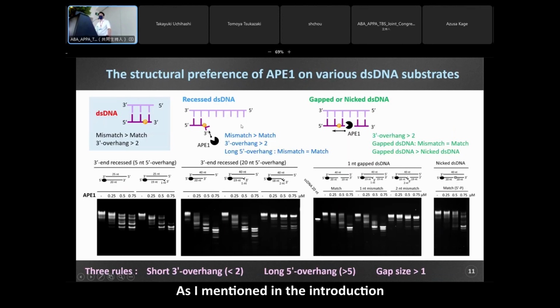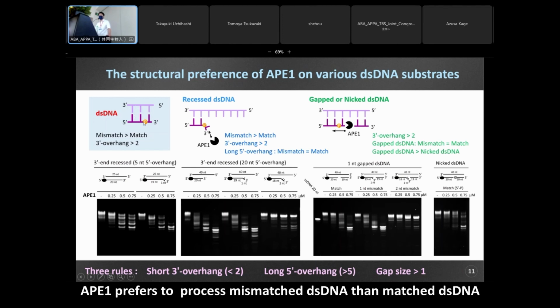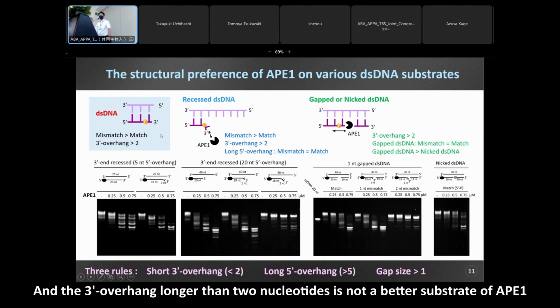As I mentioned in the introduction, when the substrate is a double-stranded DNA, APE1 prefers to process mismatched DNA over matched DNA. And a 3' overhang longer than 2 nucleotides is not a good substrate of APE1.